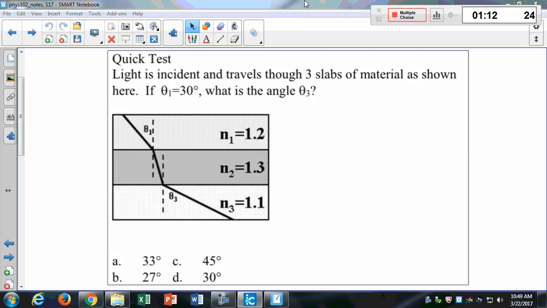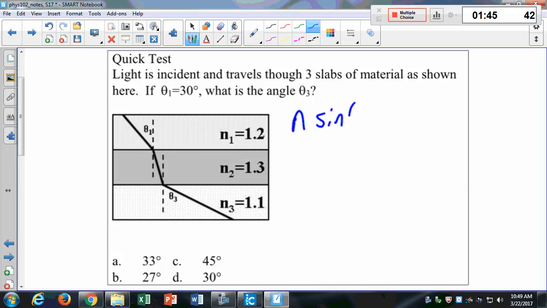Remember we did something to the middle section? Remember using your law of refraction here.